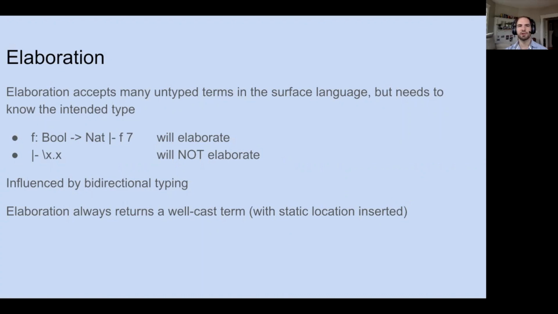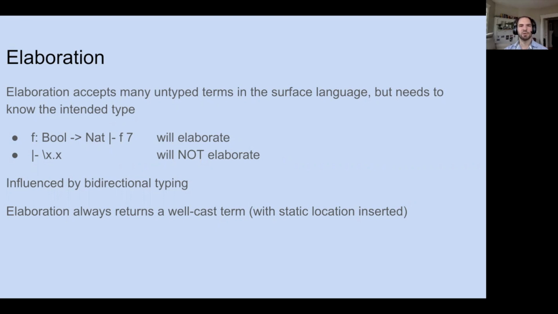This is because we're using bidirectional typing, so we need to know what type is intended, and if not enough type information is given, we can't figure that out. So for instance, if we know the type of a function, we can tell that we're using 7 as a bool here in the first example. But if we simply have lambda x to x, we do not know what type x is supposed to be, so we will not be able to elaborate it.